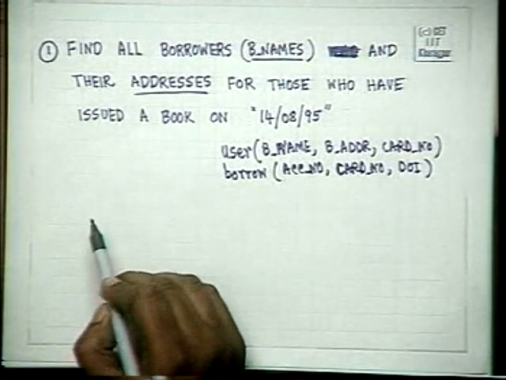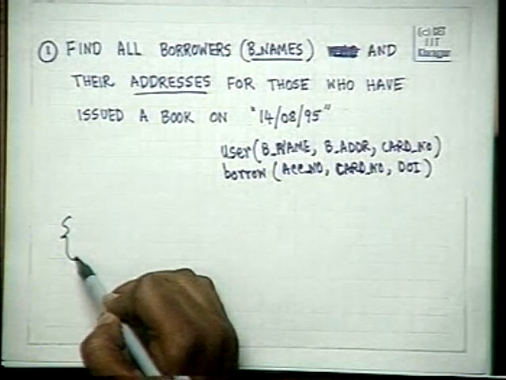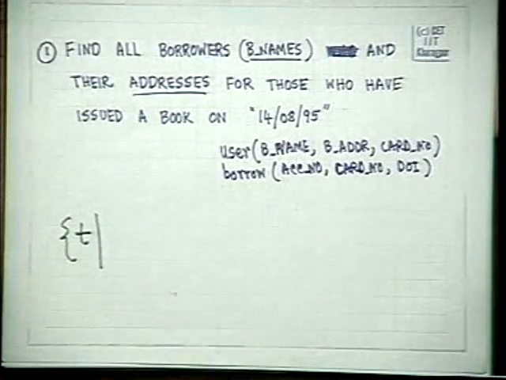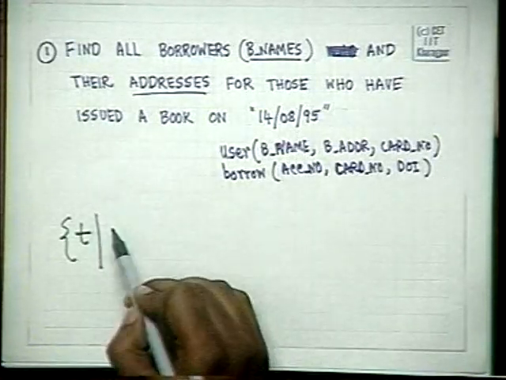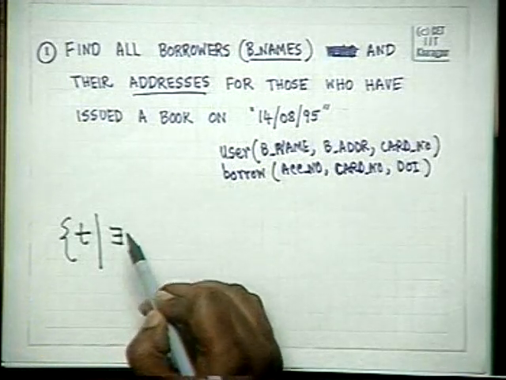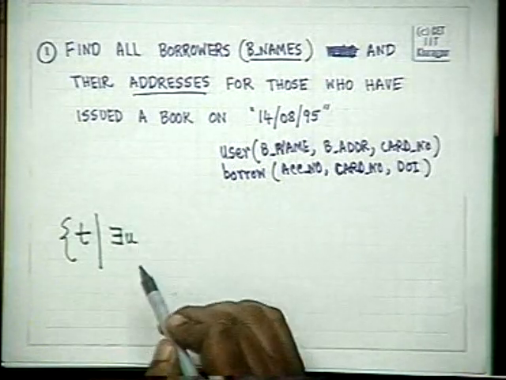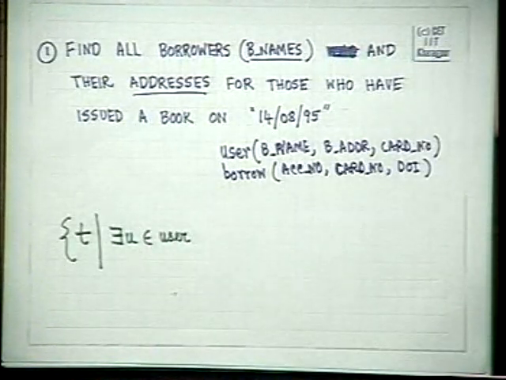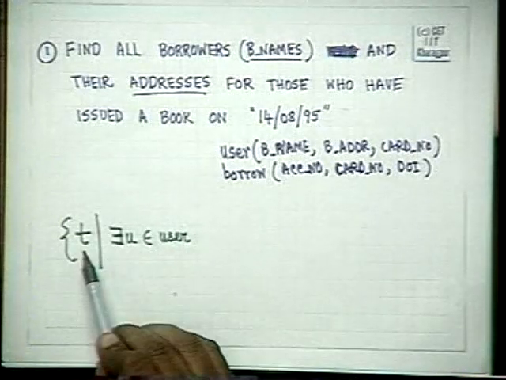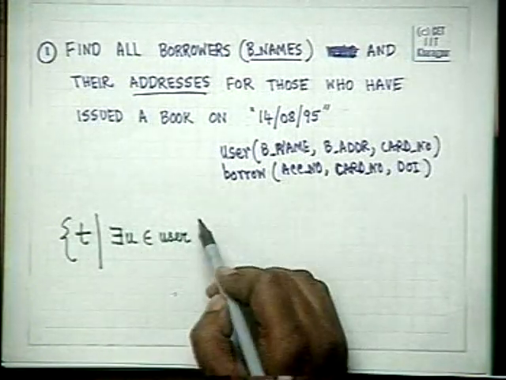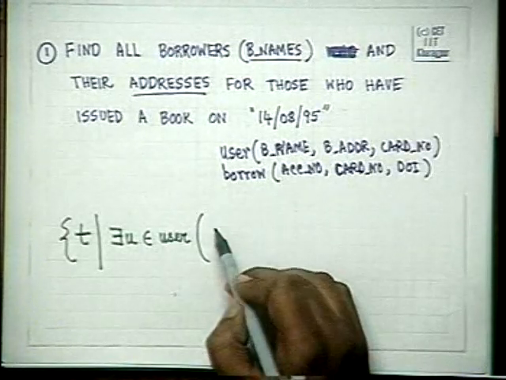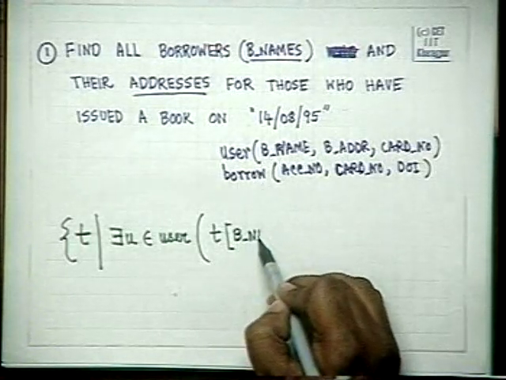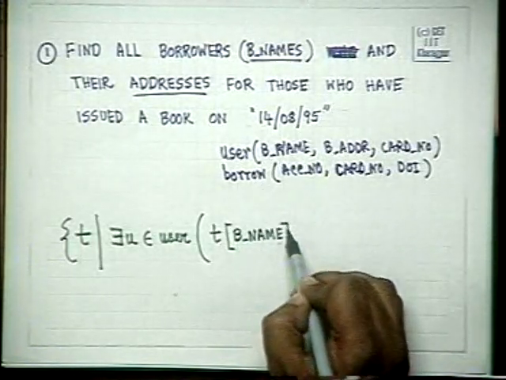So I will slowly develop this expression. We want to find out those tuples T such that for every tuple in T there must exist some U element of user such that T of, we want the name and addresses in T, so T will contain name and addresses only.